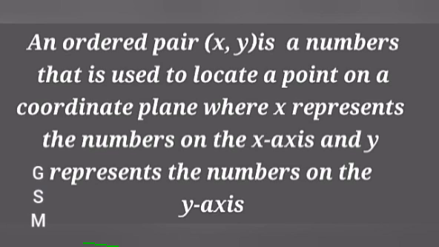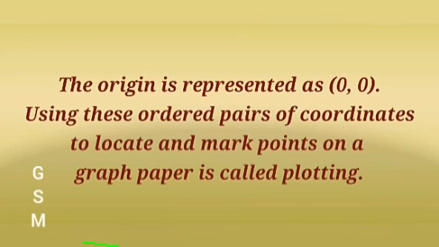An ordered pair (x, y) is a pair of numbers that is used to locate a point on a coordinate plane where x represents the numbers on the x-axis and y represents the numbers on the y-axis. The origin is represented as (0, 0). Using these ordered pairs of coordinates to locate and mark points on graph paper is called plotting.